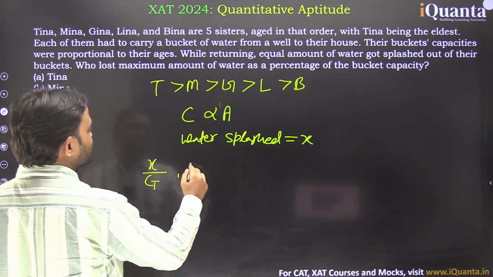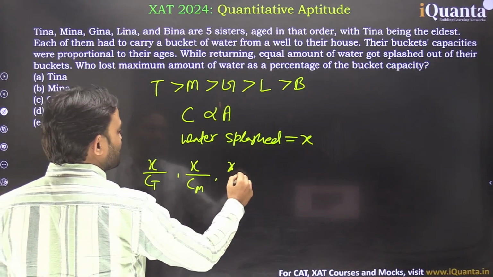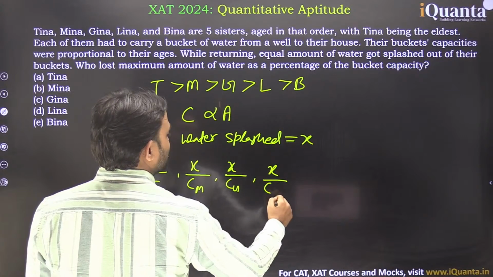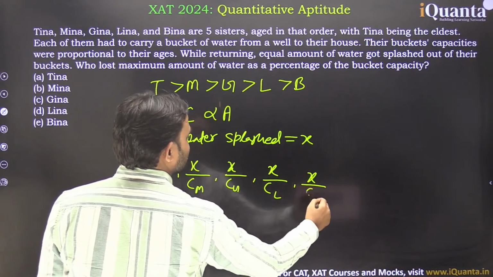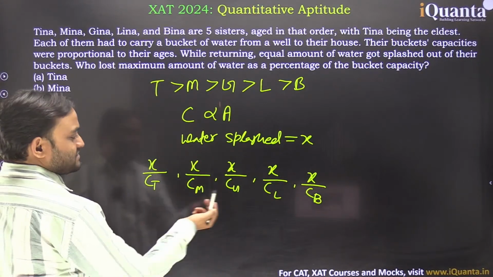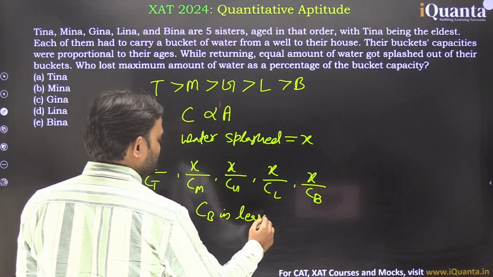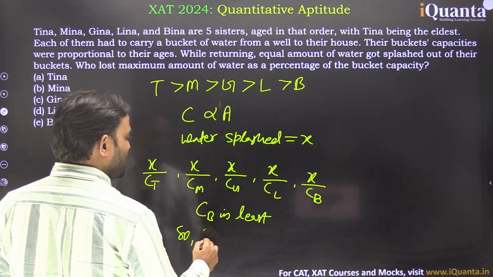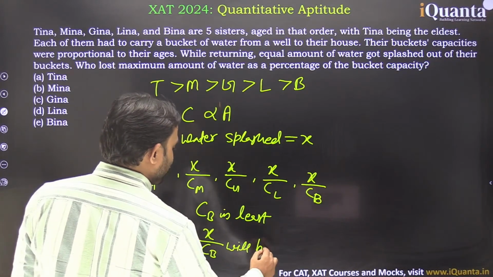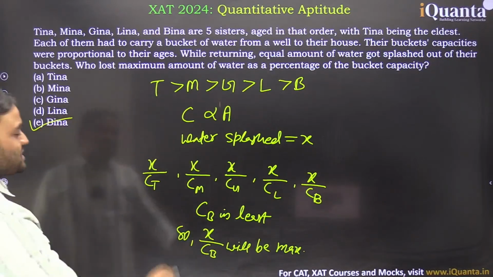This will be x upon capacity of M, then x upon capacity of G, x upon capacity of L, x upon capacity of B. So we know that among CT to CB, CB is the least. So x upon CB will be max. That's how answer is E. Option E, Bina.